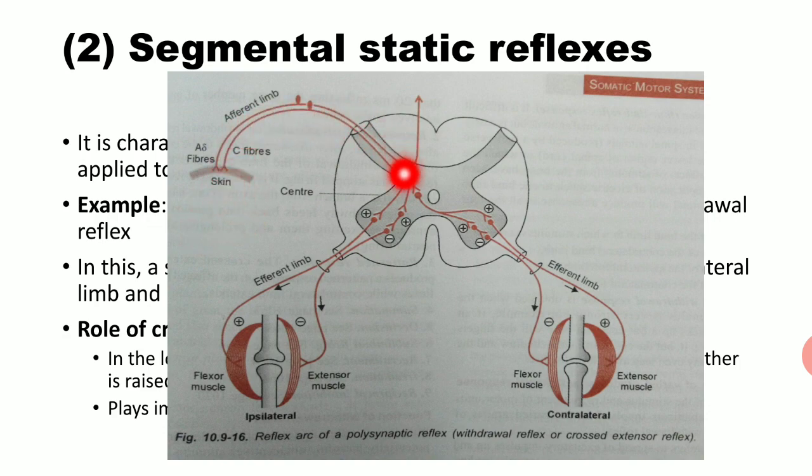There is contraction of the flexor group of muscles and inhibition of the extensor group because of involvement of an inhibitory interneuron. In the opposite side there is a totally opposite effect. In the contralateral limb there is inhibition of the flexor group of muscles and contraction of the extensor group. So this contralateral limb is mainly responsible for maintaining posture.